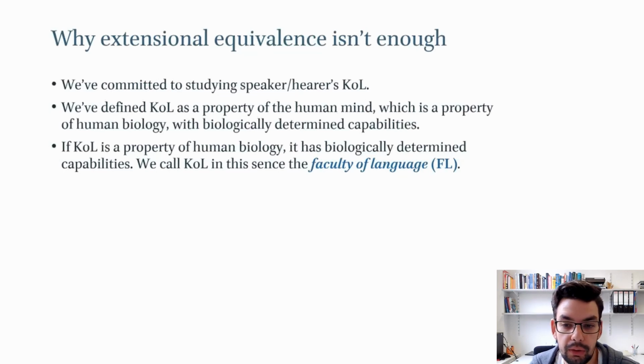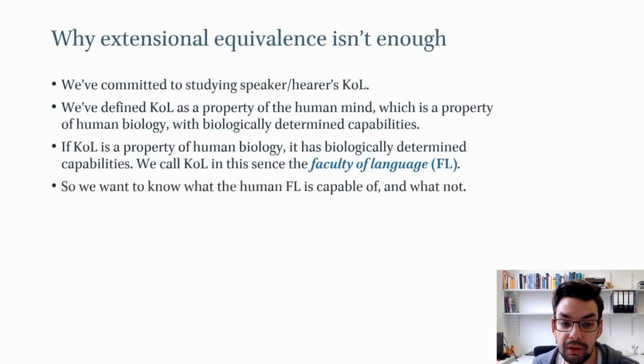And this type of KOL I've before called the faculty of language. And the faculty of language, we would assume, is one way and not another way. Ideally, we want a good model that doesn't just get the input and the output right, but actually tells me how it works in the middle. What's actually in that black box?